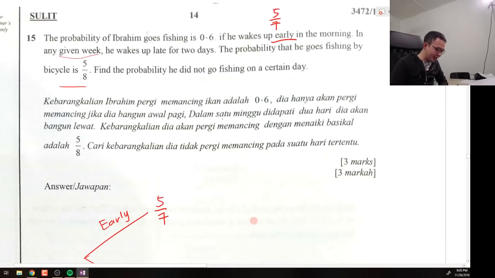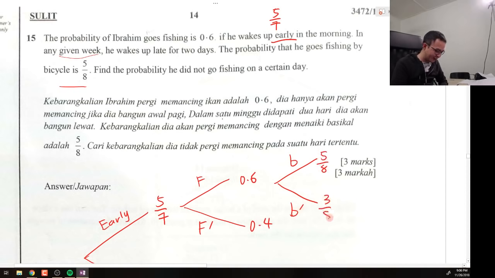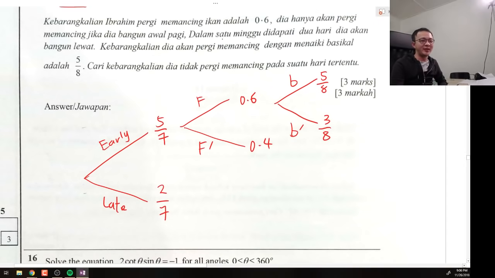If he wakes up early, he might go fishing: going fishing will be 0.6, and not going fishing will be 0.4. If he goes fishing, he can choose whether to go by bicycle or not, so it's 5/8 and 3/8. Find the probability he did not go fishing on a certain day. You can see there's so much information here, so I'm trying to work out the tree diagram.